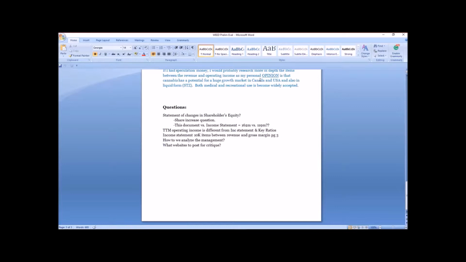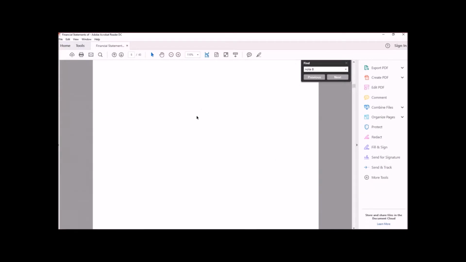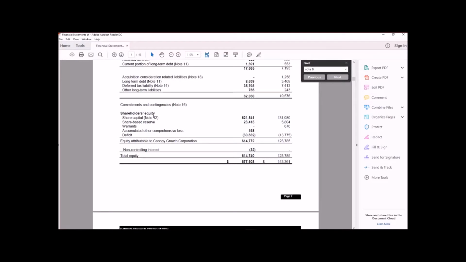All right, the next one I would like to go through that exercise. If you look at the income statement, no, the one above that, go to page 3, and you have revenue, and you have some items, and they get the gross margin, and it was very confusing on page 3 of their sheet. There it is. So you just passed it. Right at the top there where it says revenue, page 3, one more down.